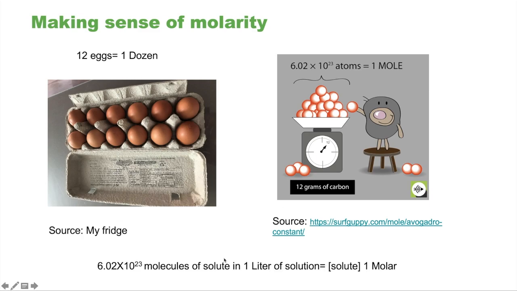So if you have 6.02, now I'm making it simpler, 6.02 times 10 to the power of 23 molecules of solute in 1 liter of solution, the concentration of solute is 1 molar. And why do I have these brackets here?